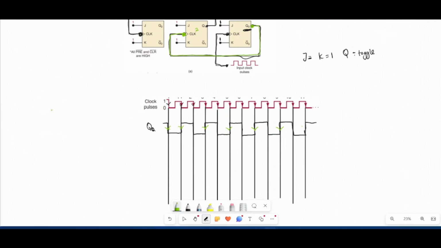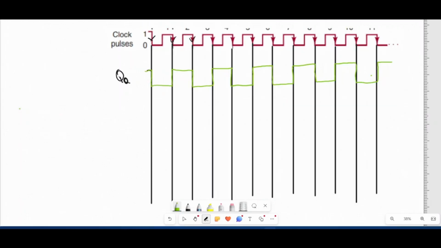Sorry, I've drawn it wrong. Sorry for my mistake. We're going to draw our arrows at the NGT, at this point, at this point, at this point. Yes, that will be all.